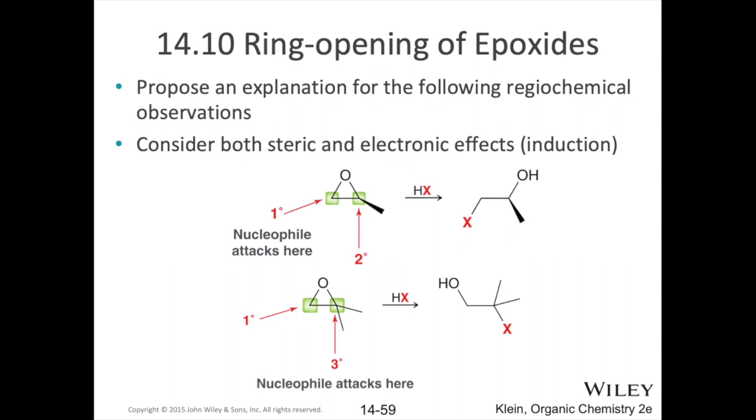This will go through a carbocation intermediate, and that carbocation is stabilized. There's an electronic effect there, an induction effect from the alkyl groups. It stabilizes the positive charge on our carbocation, giving it more time to react and form product. So what's going on here?